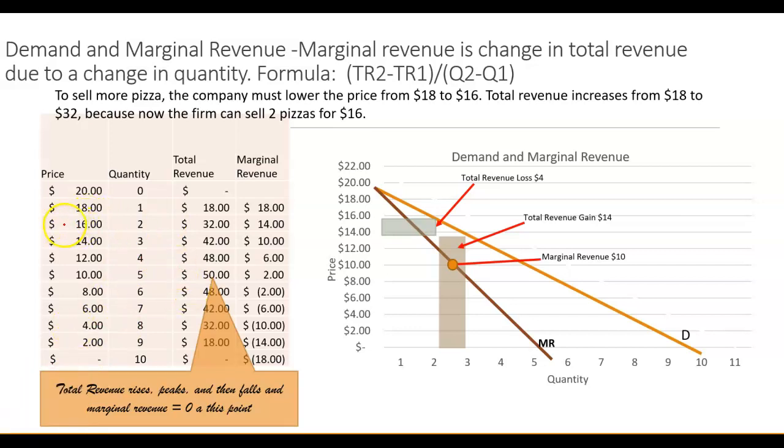So let me do this one again just for clarification. Okay. So our TR2 is $42, and we're taking away the previous total revenue of $32, divided by 3 minus 2.